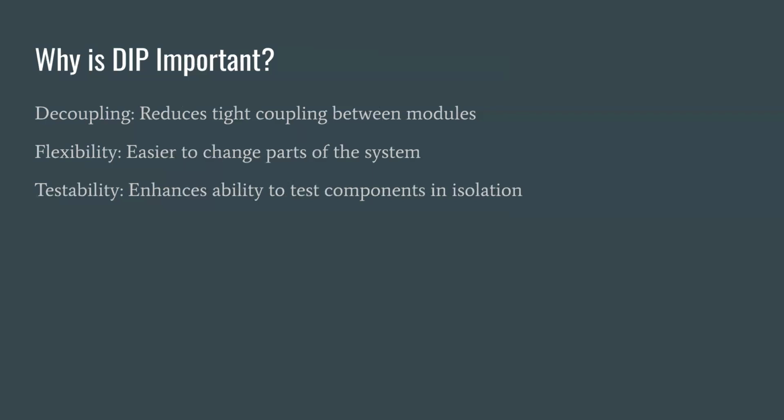Flexibility allows us to change one part of the system without affecting other parts, thus making the system more adaptable to change. Testability: by depending on abstractions, we can more easily test individual components in isolation using mock implementations.